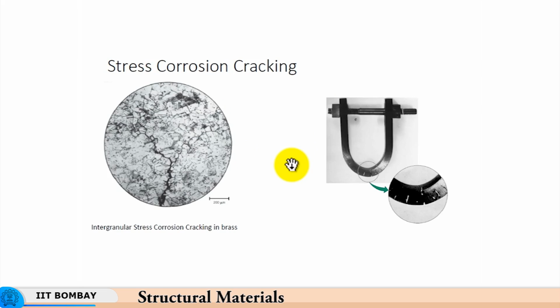We have seen selective leaching, I gave you an example of brass, and this is an example of stress corrosion cracking, where the cracking takes place in the region where tensile stresses are high, and these tensile stresses render the region to a higher stress level, a higher energy level. So, supposing you have a large amount of deformation here, large amount of tensile strain, then the dislocation density increases.